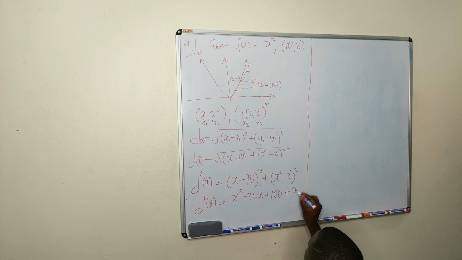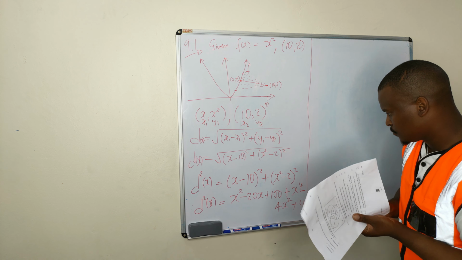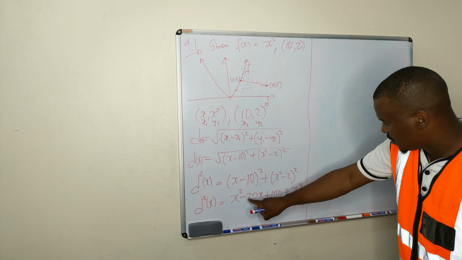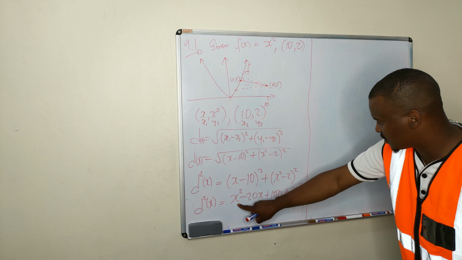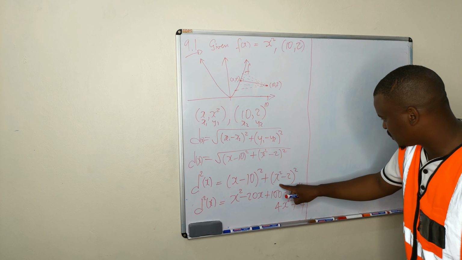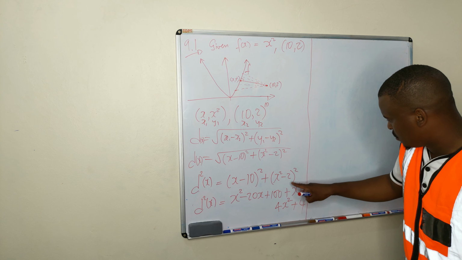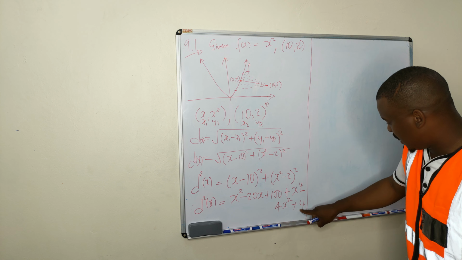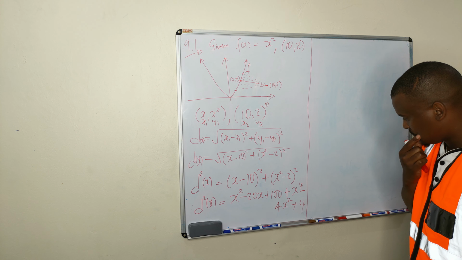Plus x to the power 4, we expand this, minus 4x squared plus 4. So this part expanded gives this, and this part gives x to the 4, minus 4x squared, and 4 here, right?